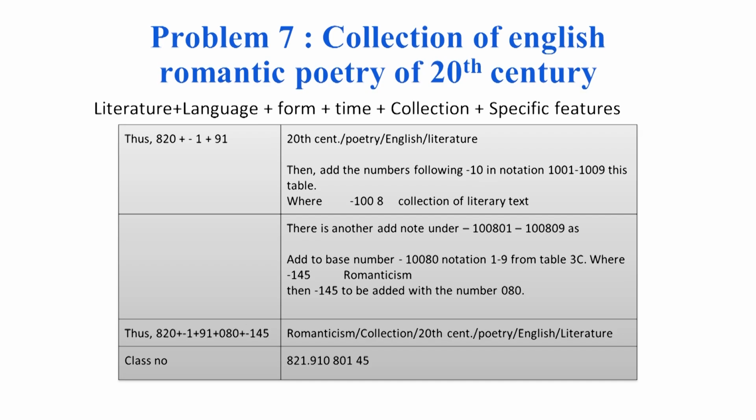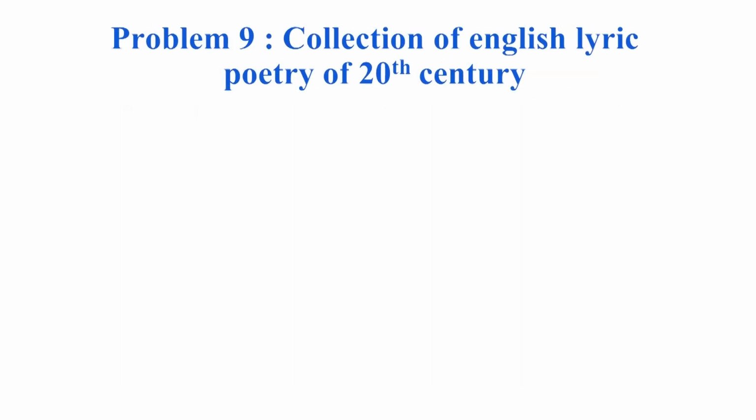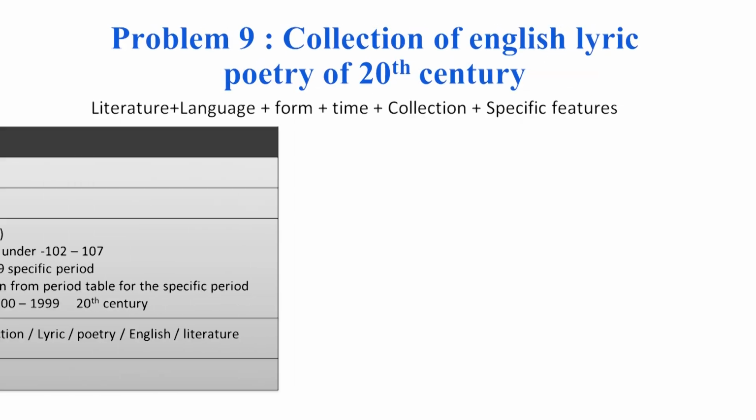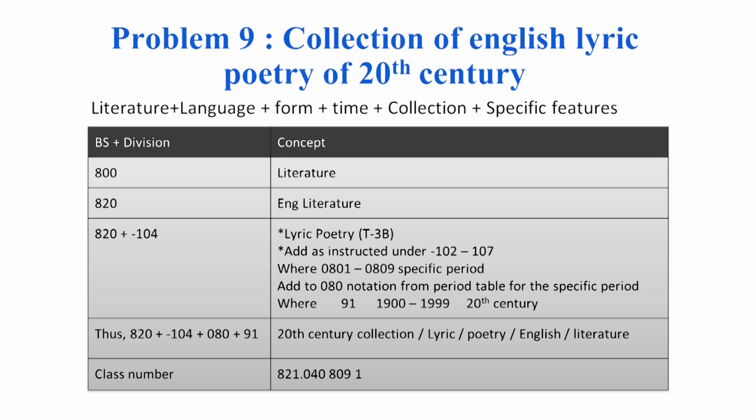So the facets will appear as literature, language, form, time, collection, then specific feature. Accordingly we will get the number for criticism as 821.91080145. Now we will take another example: a collection of English lyric poetry of the 20th century.